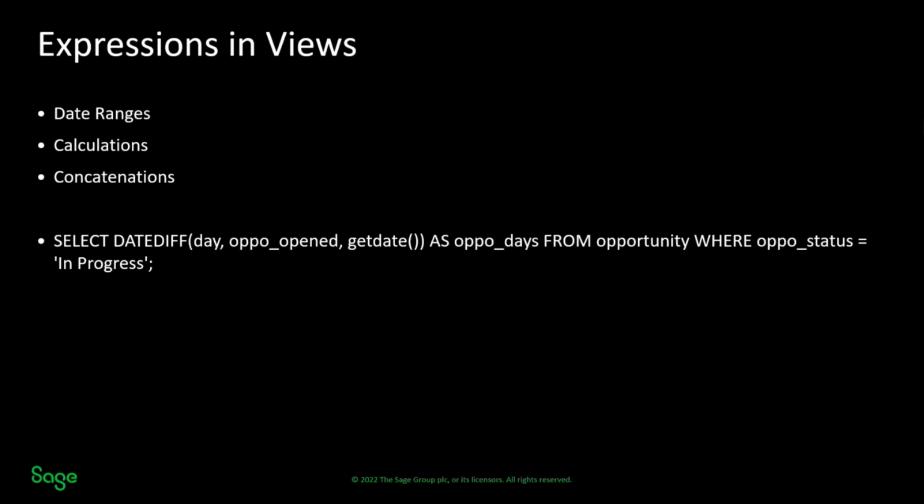Now, as soon as you start to do it, you run into a small problem, because Sage CRM, although it will do this, doesn't know about that expression. It's not a real column, and it's not one that is modeled in custom edits.